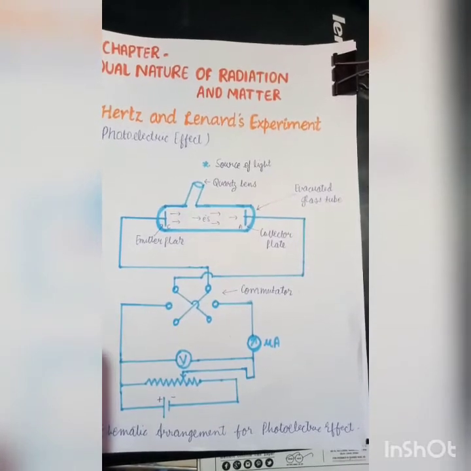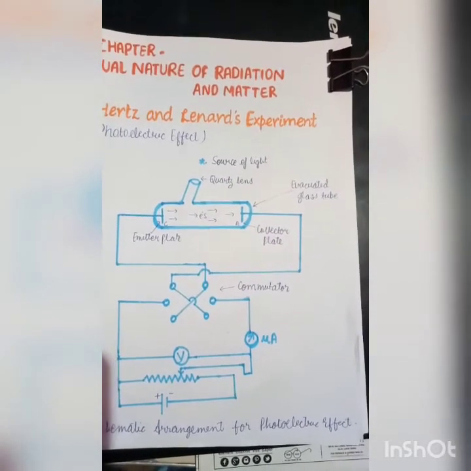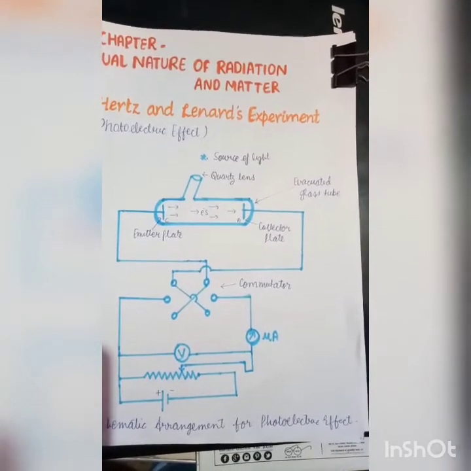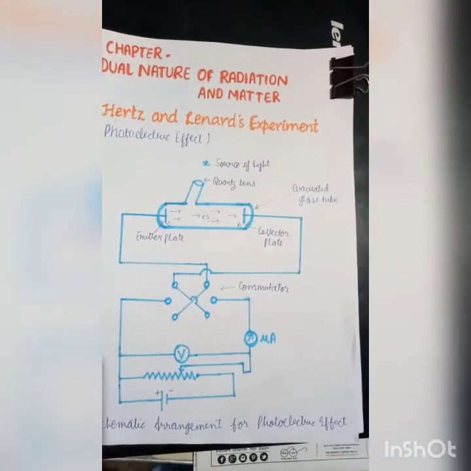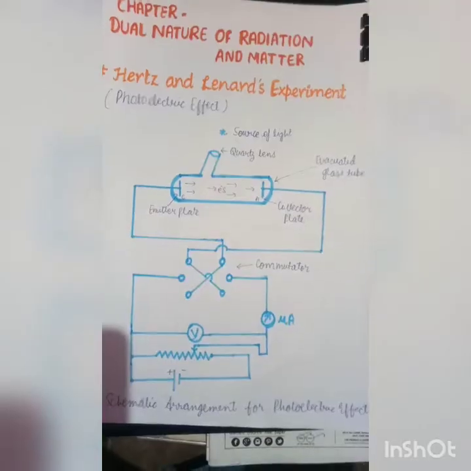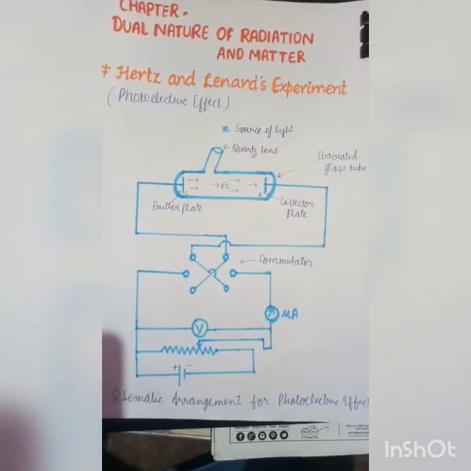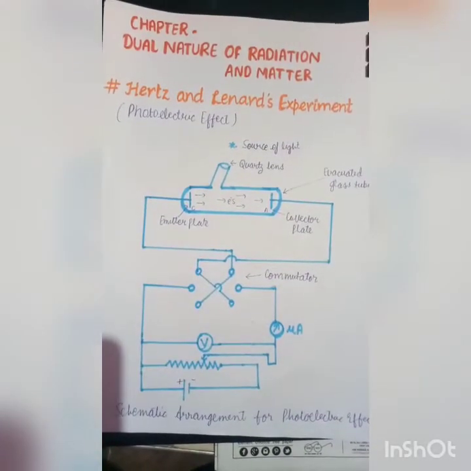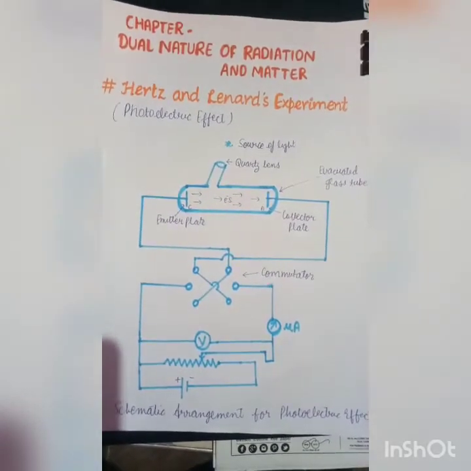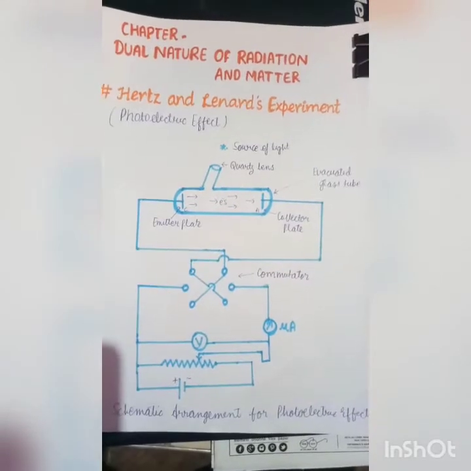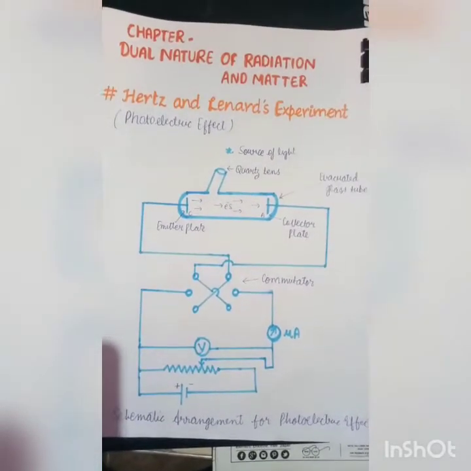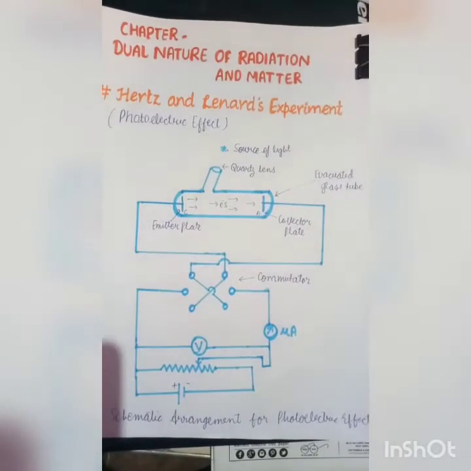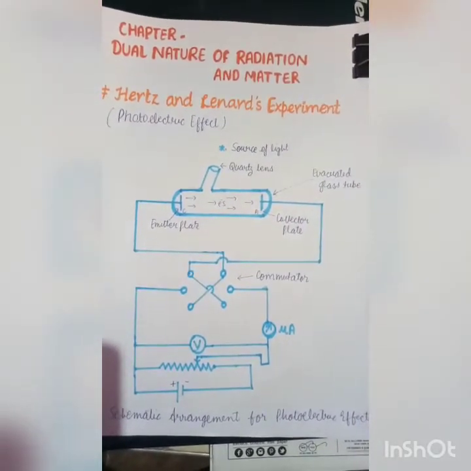At that time, a fluorescent radiation was observed, this fluorescence coming from the cathode side. What was this fluorescence? Later on it was named electrons, as they were nothing else than electrons. Electrons are negatively charged particles.